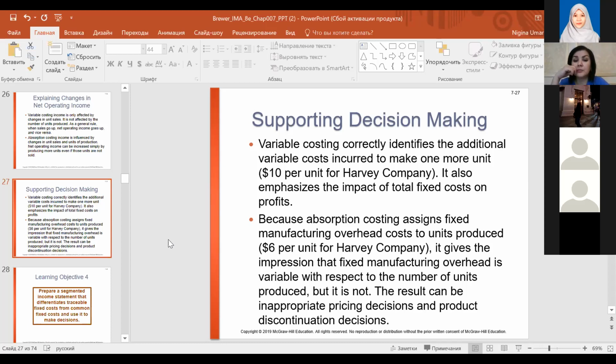And the variable costing income statement is useful for managers because they must know how much contribution they should generate to fully cover all fixed costs and, as I said, to be truly profitable.